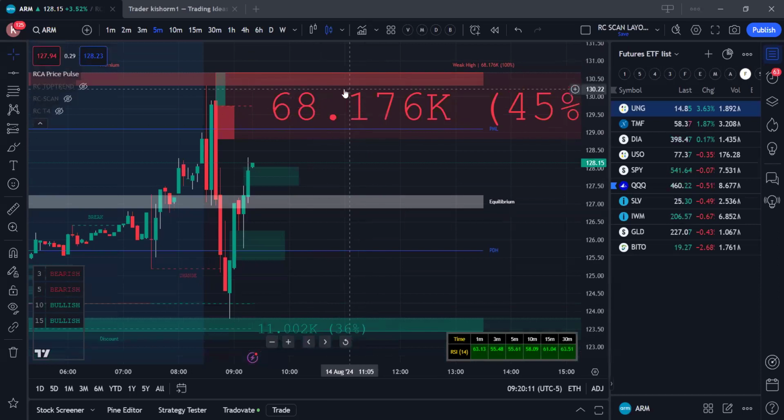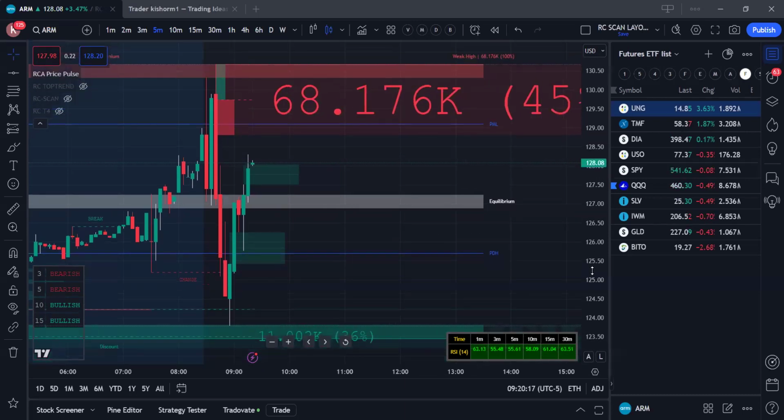Because there is a huge sell order block here, there is a possibility it may touch and then start dropping again. You can actually take profits.